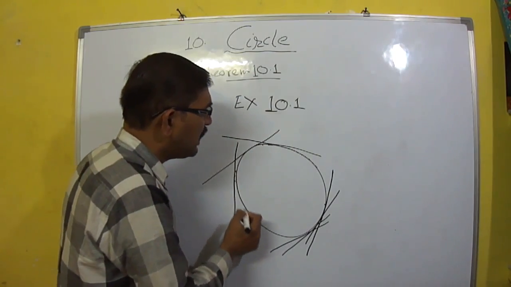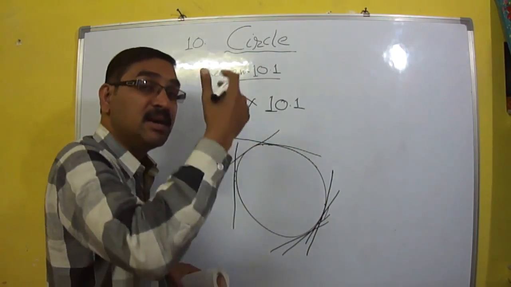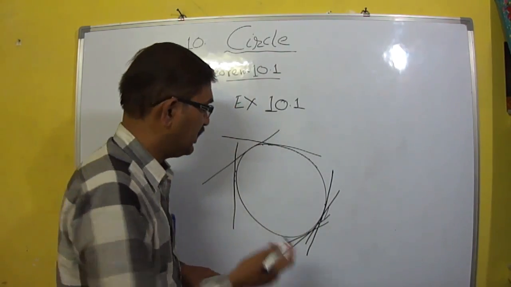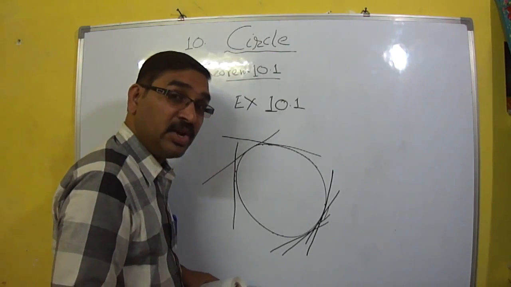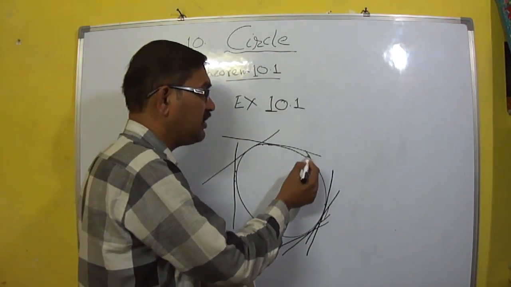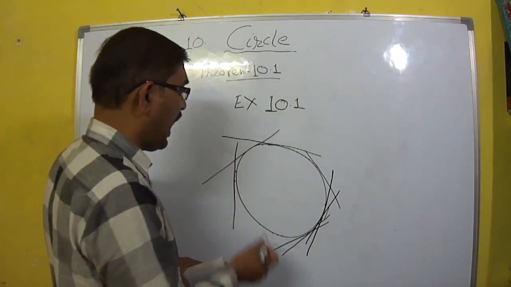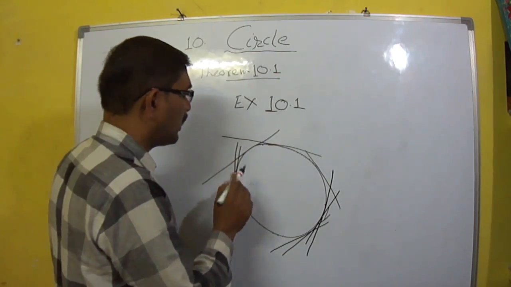How many points are there on this circle? Circle is a bunch of points, it has infinite points. Circle forms with an infinite bunch of points. This means that we can draw infinite tangents on this circle. What is the answer? We can draw infinite tangents, and a tangent can be drawn from only one point on this circle.